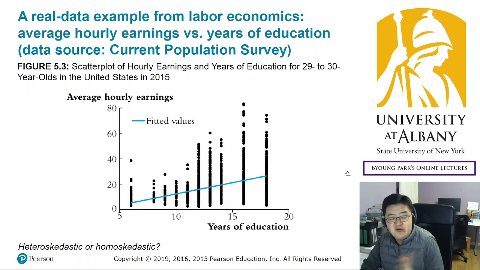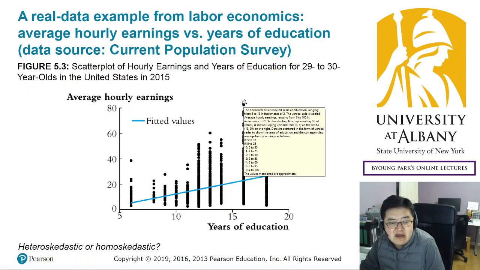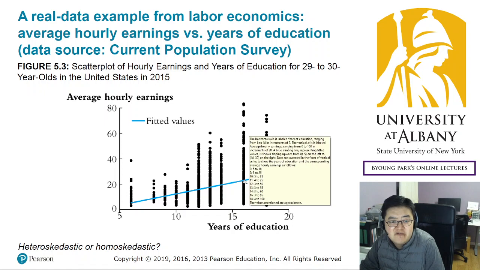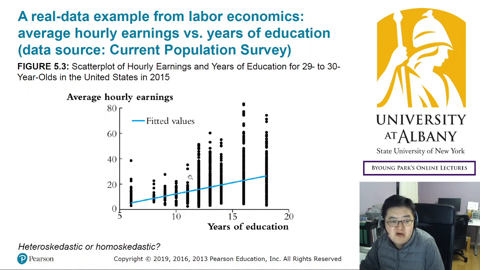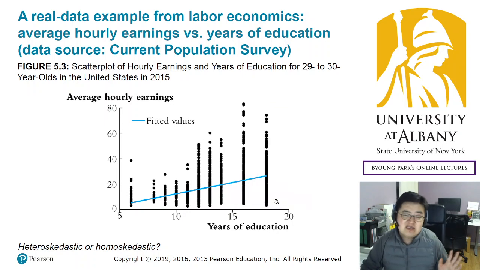If you look at this scatter plot, clearly there is a higher variance here than here. So maybe a high variance that becomes smaller, and then the variance increases again, right? And it is not unnatural.